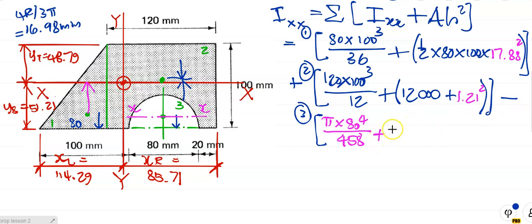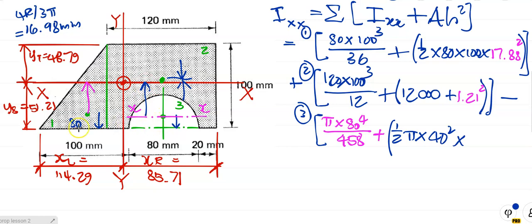If you make it minus there, it'll be wrong. And then the area: what's the area? It's half pi r squared, pi times 40 squared, times h. What's h? H is the distance from the centroid of the element to the centroid of the whole cross section.